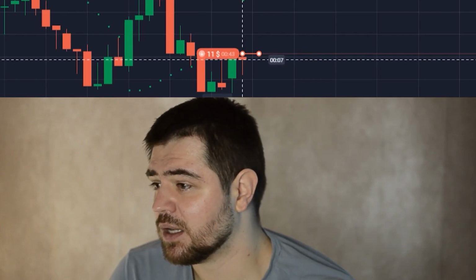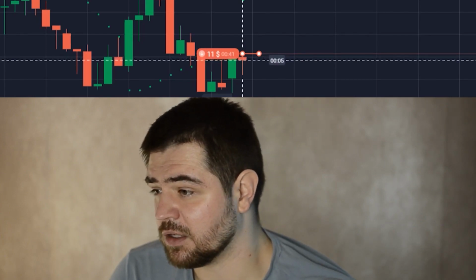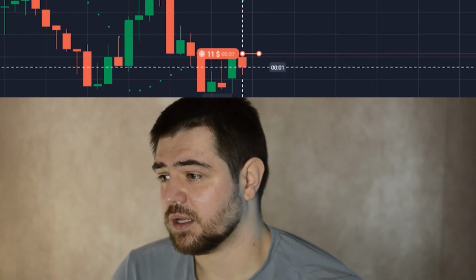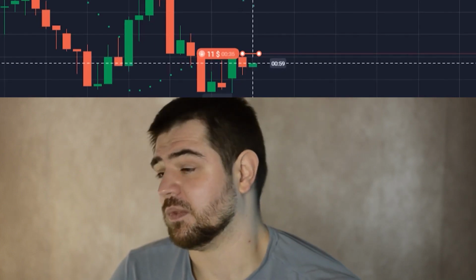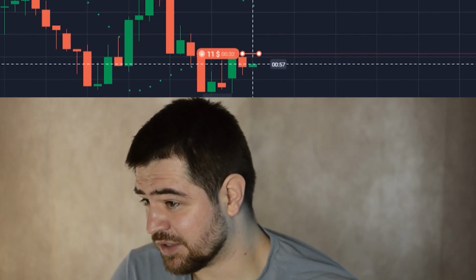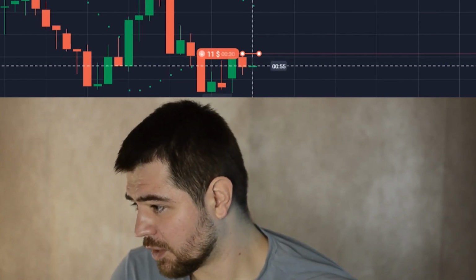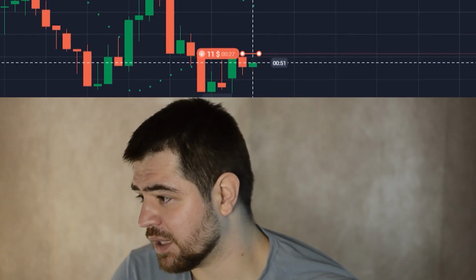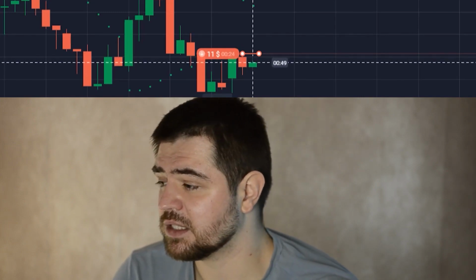Right now we are globally in a bear trend, a downtrend, and going down. The oscillators also give us a hint. For example, the MACD is looking down.